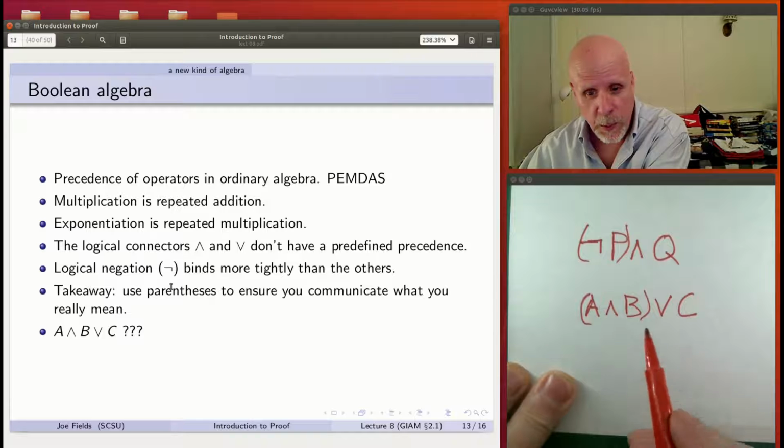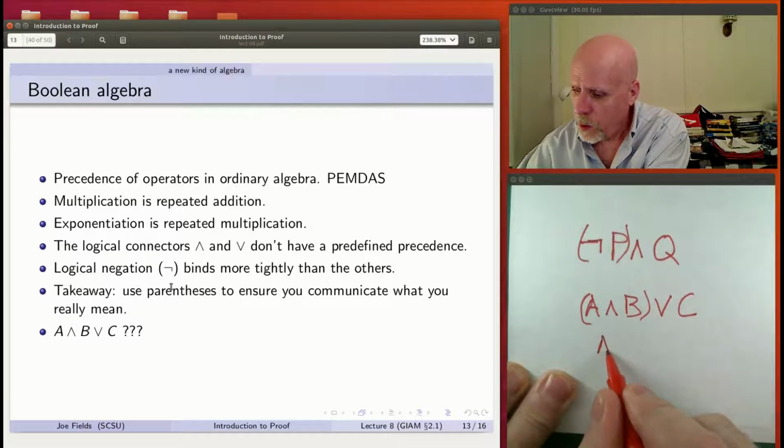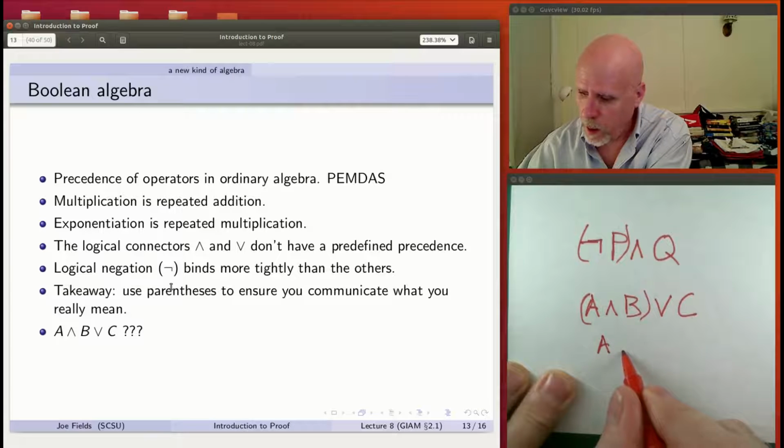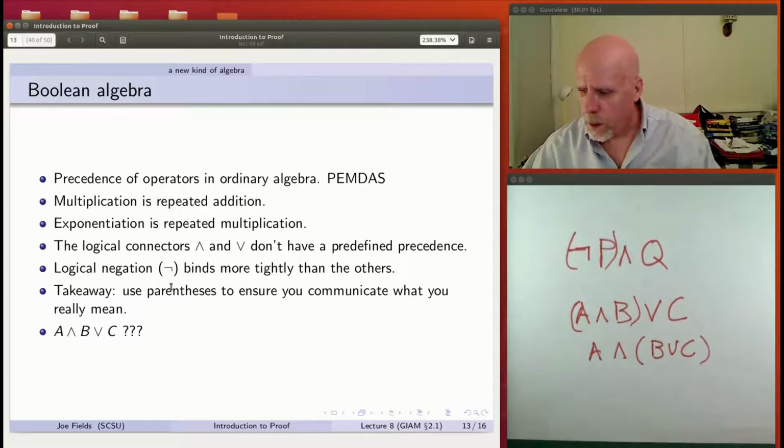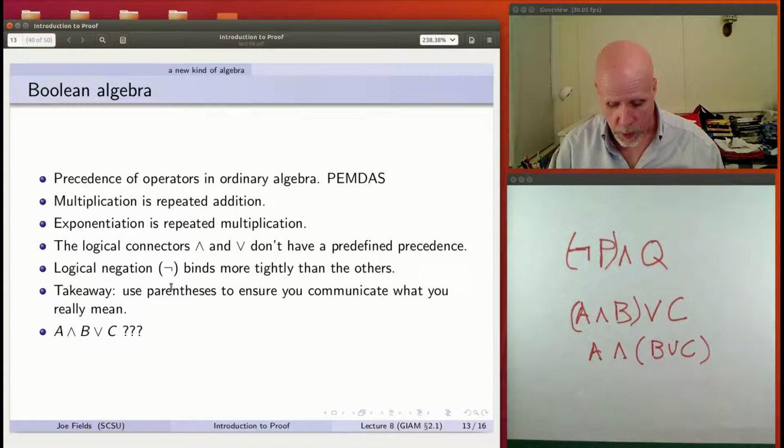Perhaps some people do, but I just insist on parentheses. We could also have this thought of as A ANDed with the result of doing B or C. And these two different ways of interpreting it have different meanings. They literally have different truth tables if you like.